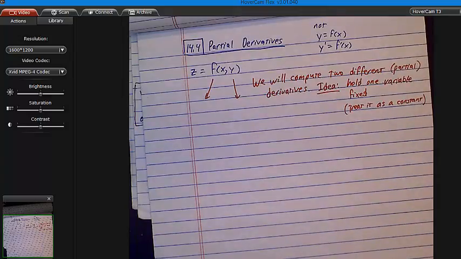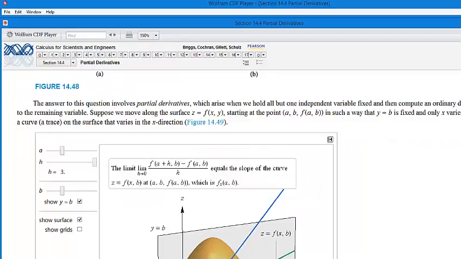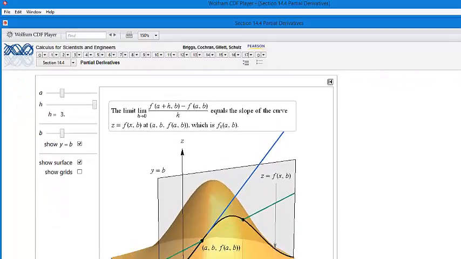Okay? So I'm going to show you the picture, and then maybe we'll do some examples. Because again, the picture shows you what you're really doing. Here's the definition of what you might call the partial derivative with respect to x.